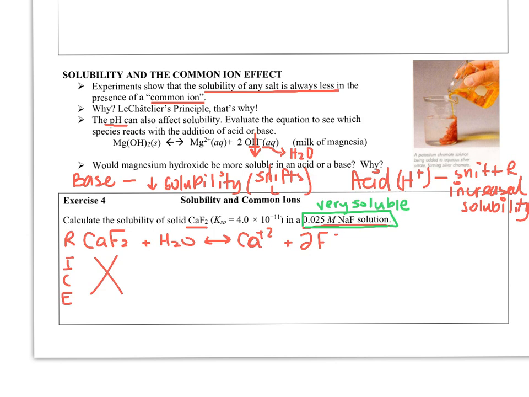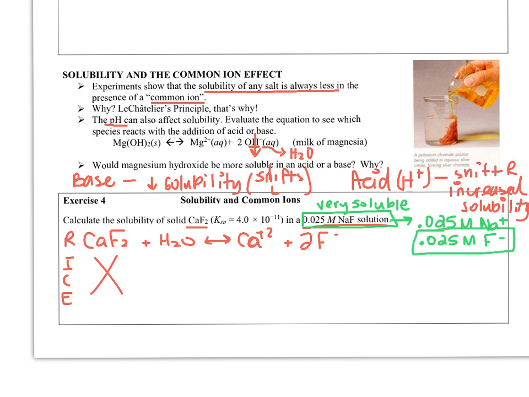So when I break this apart, I'm going to have 0.025 molar sodium ions, and I'm going to have 0.025 molar fluorine ions. So basically what it's saying is I'm going to add the calcium fluoride to a solution that already has a common ion.